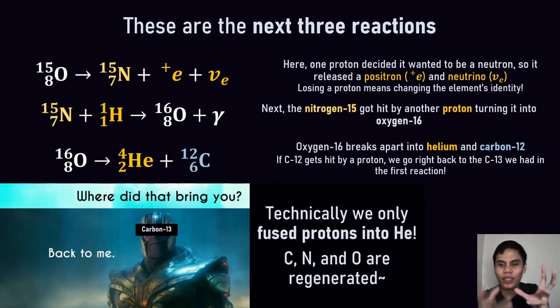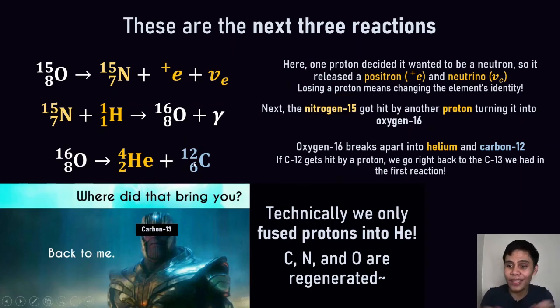So again, this one is more stable, so it'll stay as it is, except if it gets hit by high energy particles, of which there are a lot in the core of a giant star. So we have oxygen-16, the stable oxygen isotope, getting hit by a photon or another similarly high energy particle, which rips it apart into helium-4, a stable helium isotope, and carbon-12.